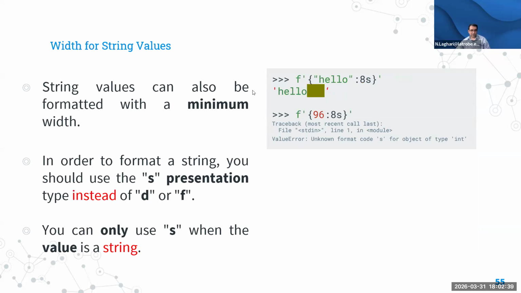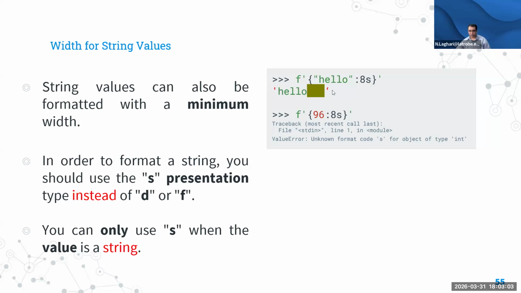Okay, string values can also be formatted with minimum width. So we can specify what would be the minimum width. So here we say, okay, now colon 8 and S. Now this time we say that the expression we are mentioning here is the string.